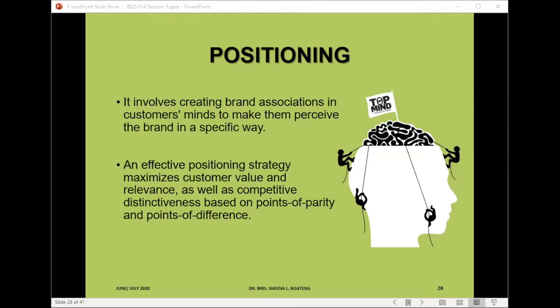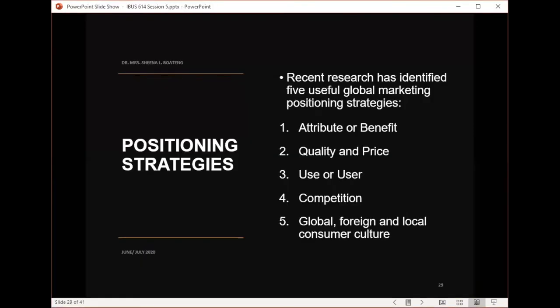So that in a nutshell explains the nature that a positioning strategy can take when the global marketer is thinking of how to make their brand stand out from the multitude of competitors out there in the market. So there are different kinds of positioning strategies. But recent research has identified 5 useful global marketing positioning strategies.